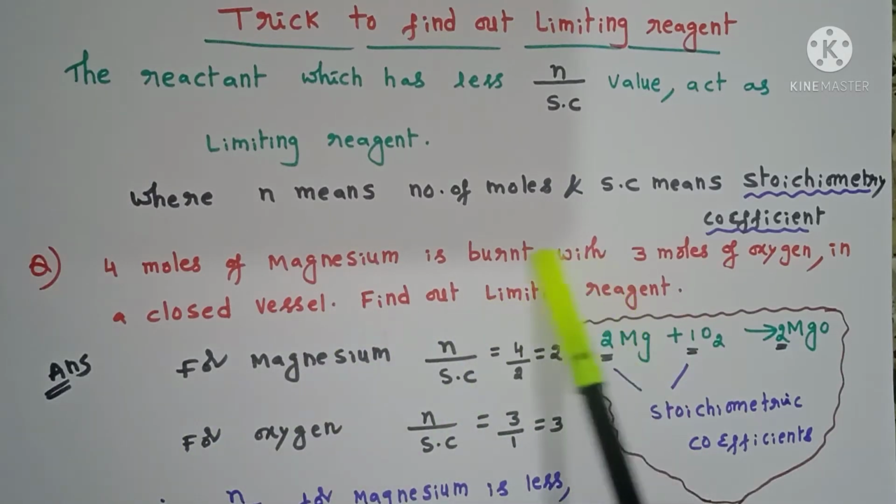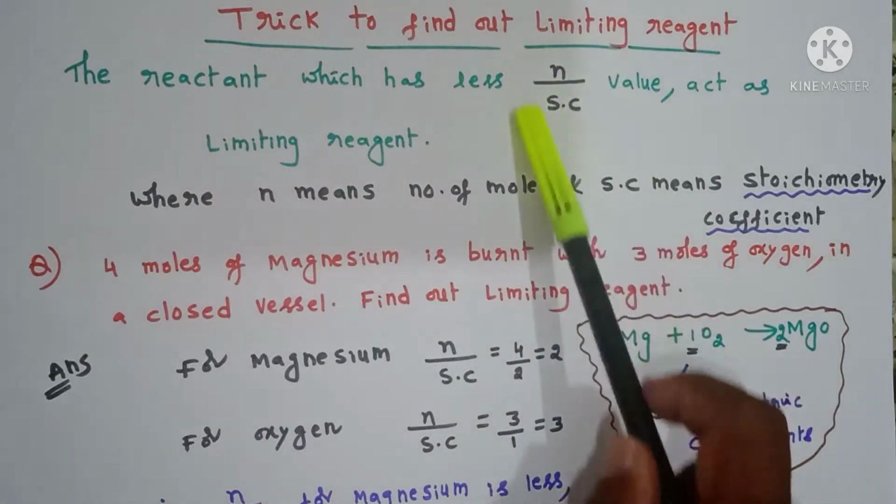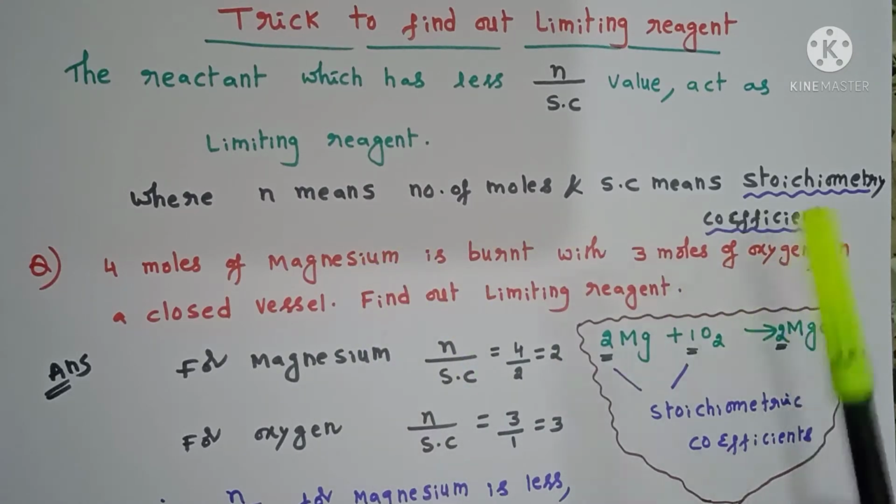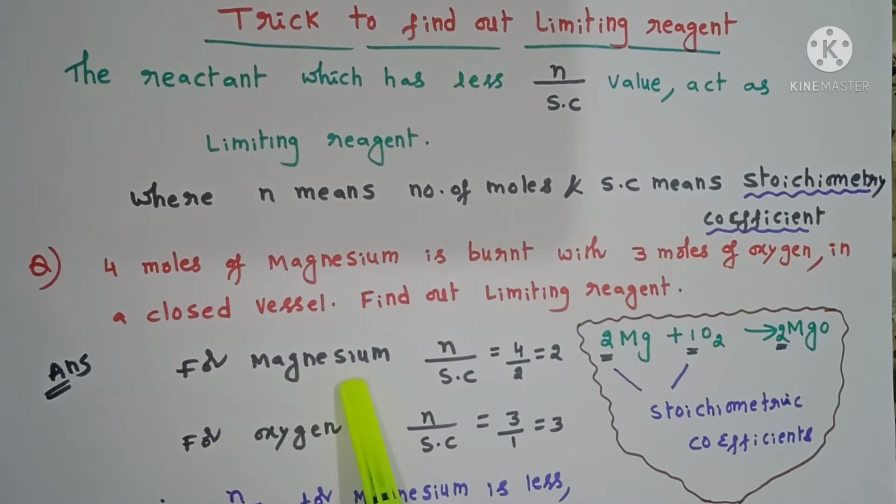See, in order to find out the limiting reagent, first you should calculate N by Sc for both magnesium as well as oxygen. Now, for magnesium, N by Sc is equal to, here N means number of moles, that is 4, and Sc means stoichiometric coefficient, that is 2. So 4 by 2 will give you 2.